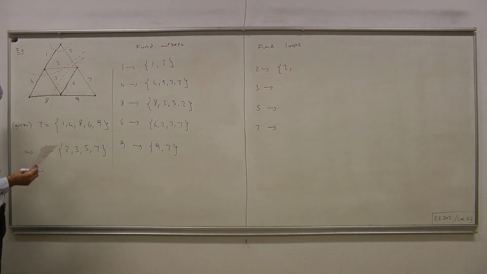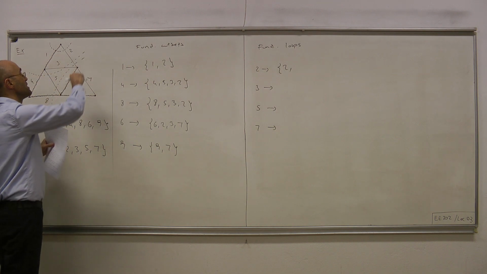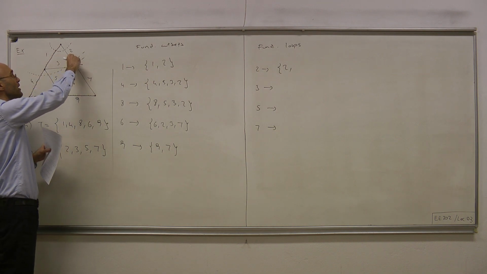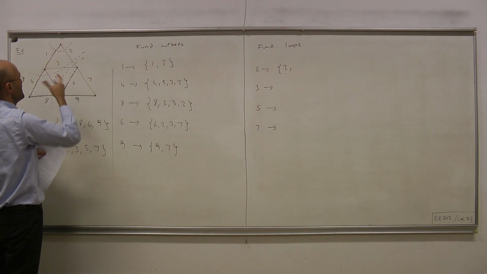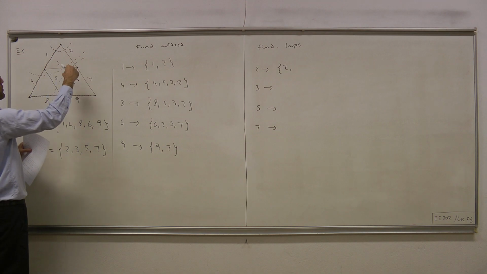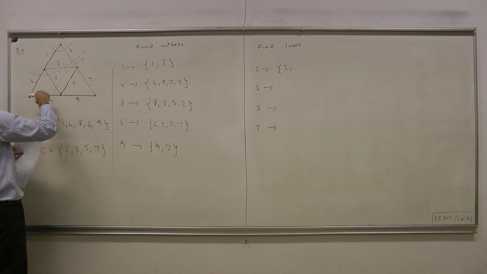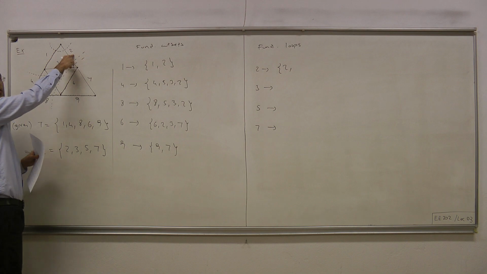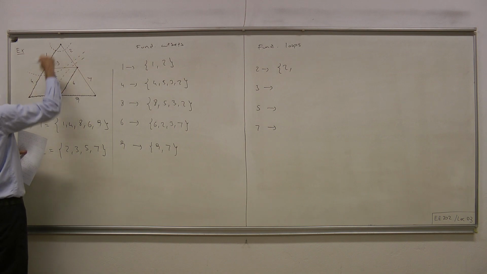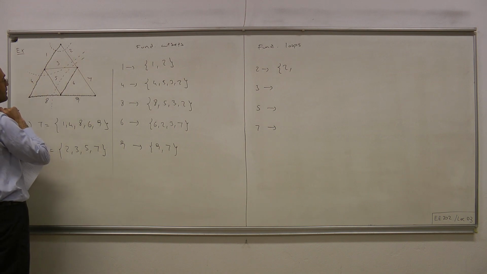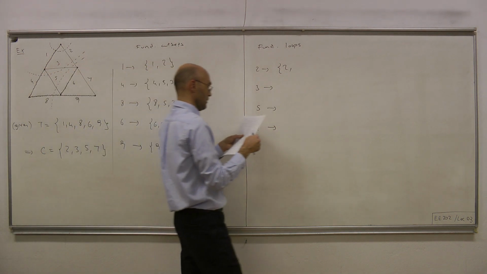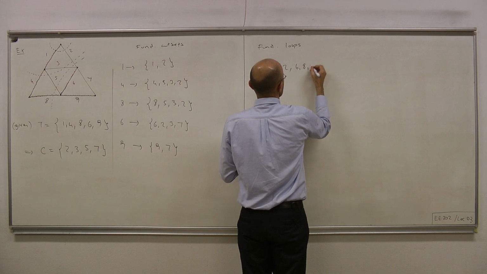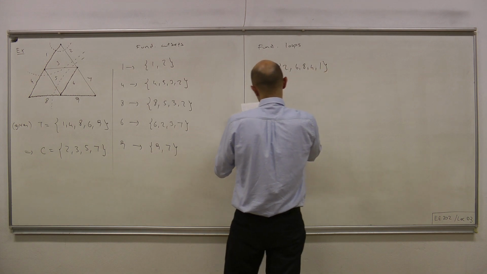With Cotree branch 2, we're talking about a loop that contains branch number 2, and also all the other branches must come from the tree. It's easy to see that the loop we're talking about is 2, 6, 8, 4, and 1. 2 belongs to Cotree, and all the remaining branches come from the tree: 6, 8, 4, and 1.